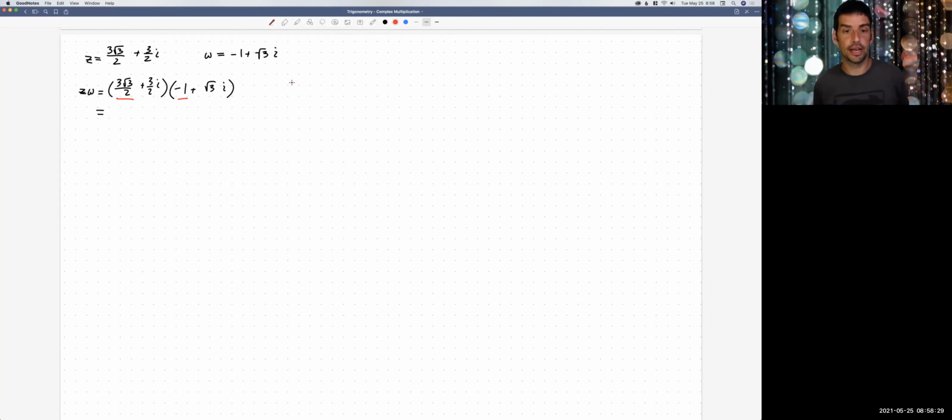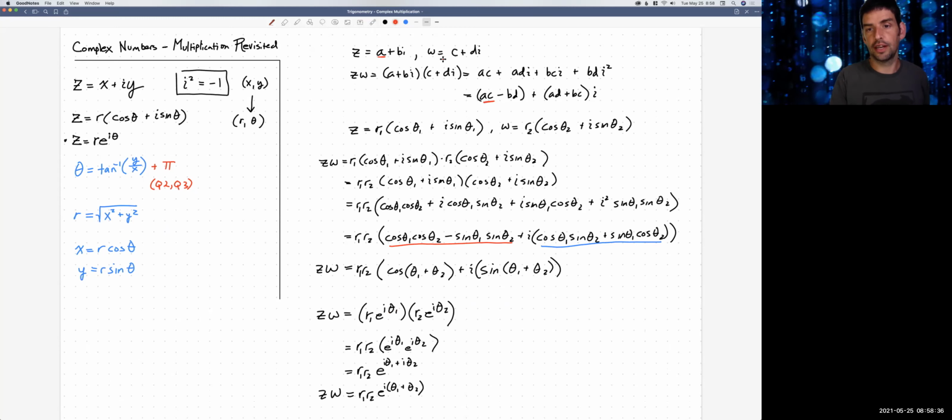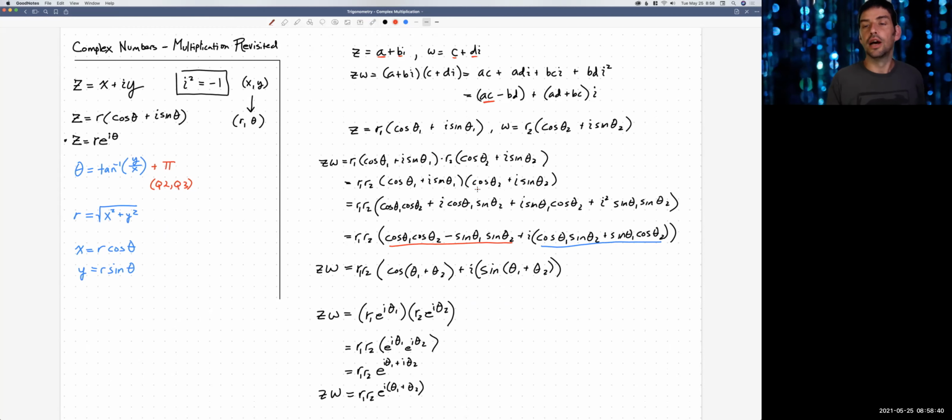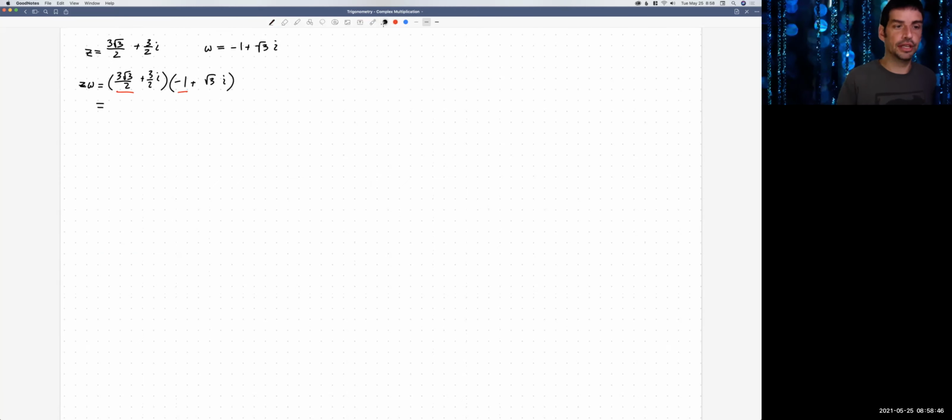So let's just go back and review this formula we came up with. What do we end up with? We get the product of the real parts, A and C, minus the product of the complex parts. So I don't need to go through all that work of foiling and combining.